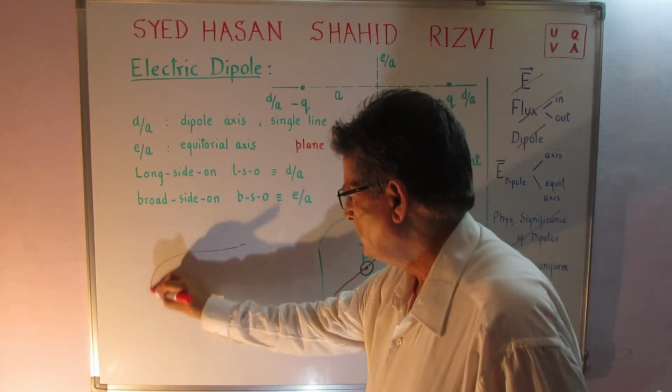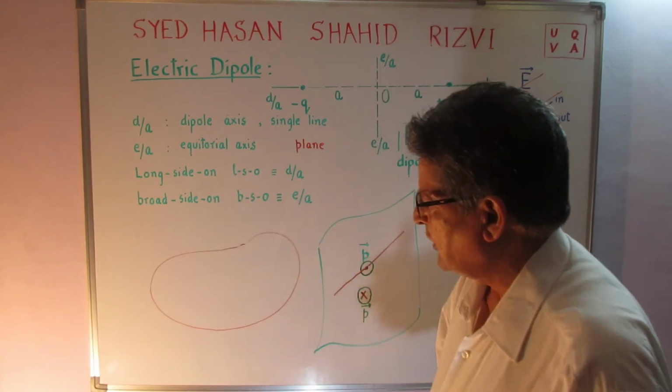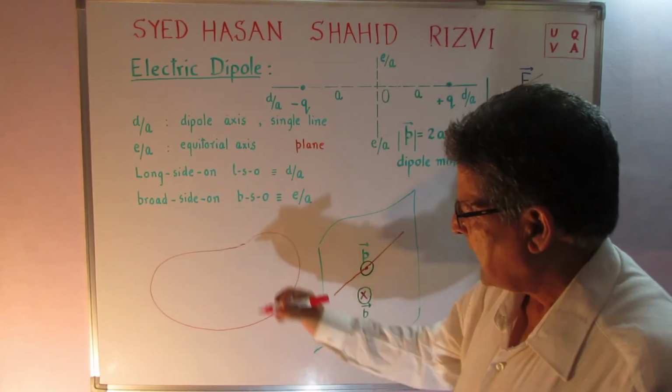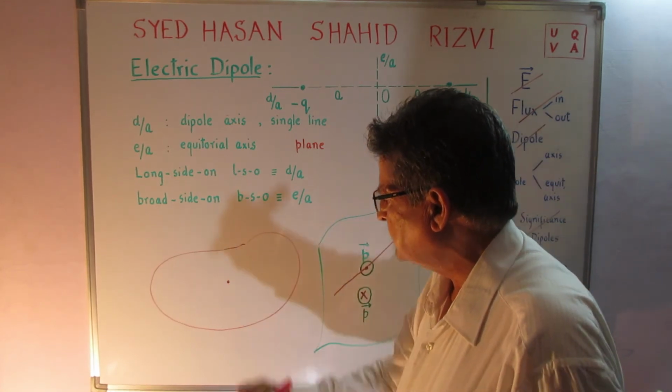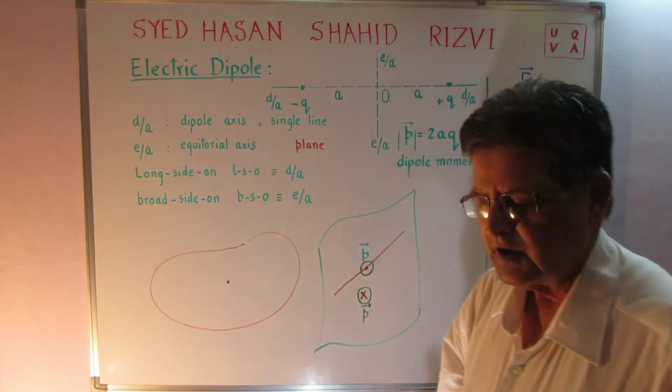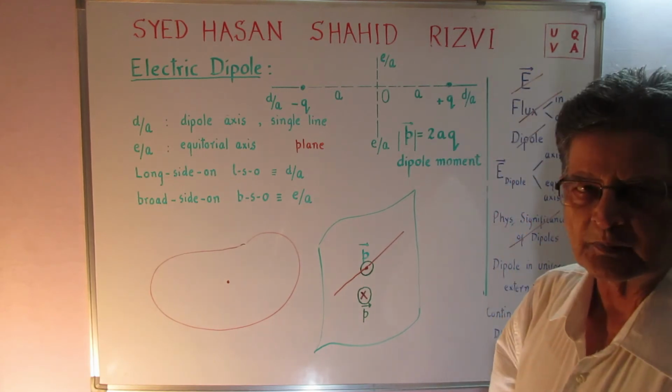Now suppose it is not natural and the center of mass of the positive and the negative charges is at the same position.